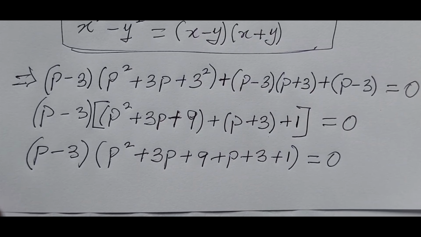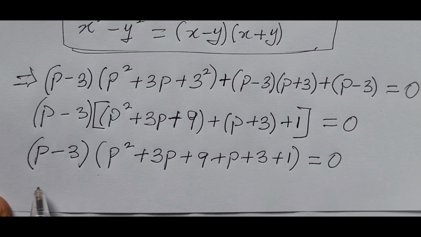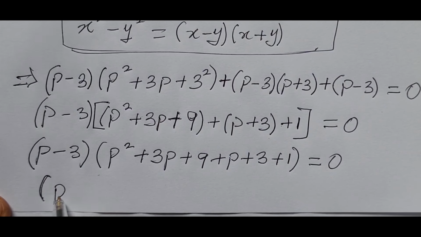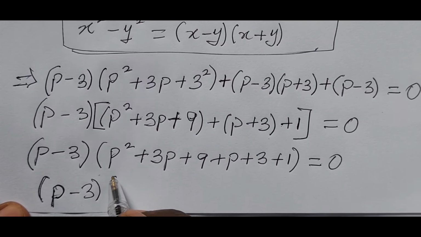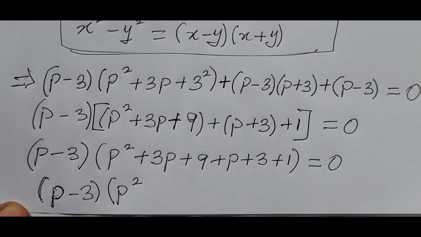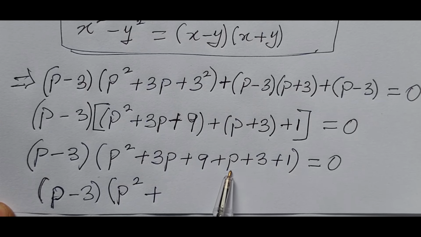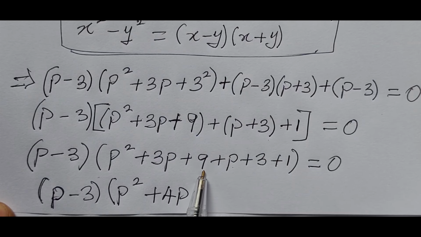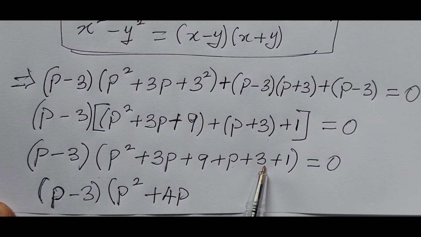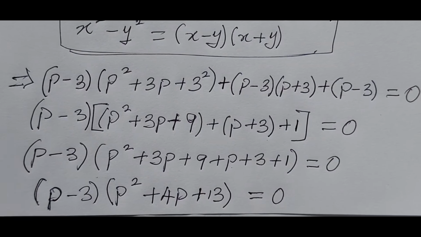So what we do next is add up terms that have the same quantity of variables. We have just one p², then plus 3p plus 1p gives us 4p. Then 9 plus 3 gives us 12, plus 1 gives us 13. So we have 13, close bracket, equal to 0.